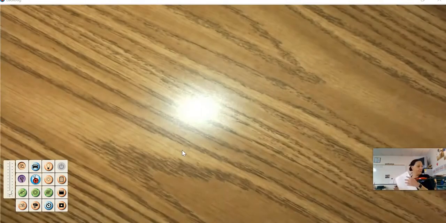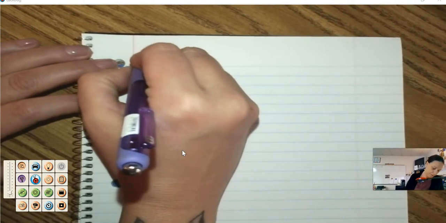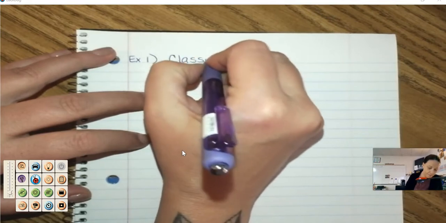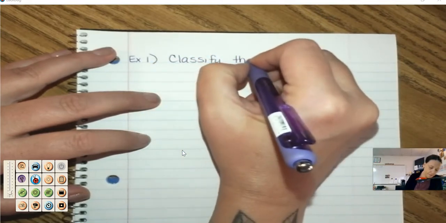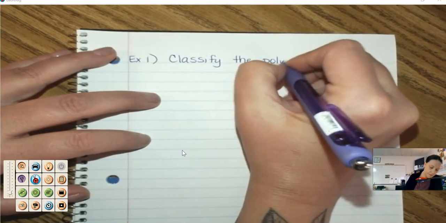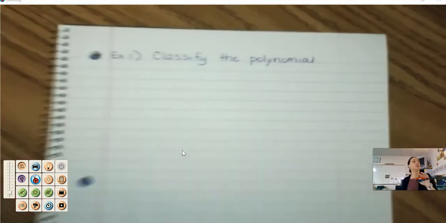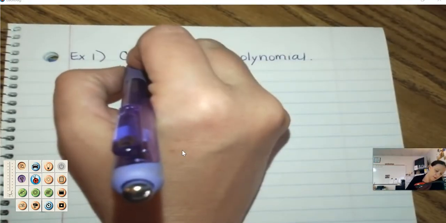Okay, example 1 is going to ask us to classify the polynomial, so tell me what it's called and the number of terms.